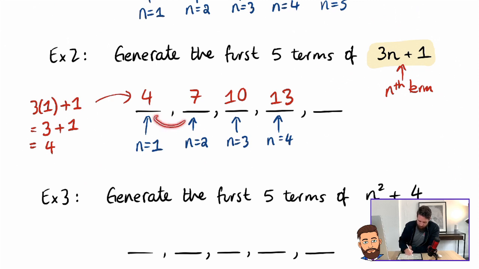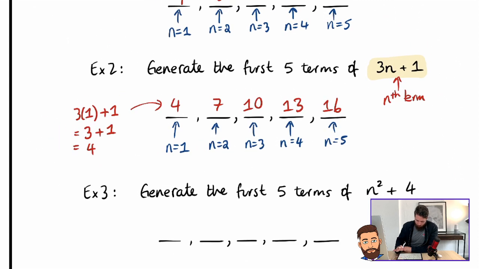The sequence is going up by 3. So they often just say to themselves, oh, the next term must be 16, because they can see the pattern. They can see the rule of the sequence. But let's just confirm, how would you get that 16? If you didn't spot the pattern, you'd replace n with 5. 3 times 5 is 15, plus 1 is 16.